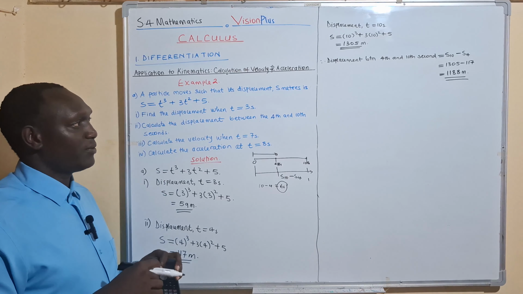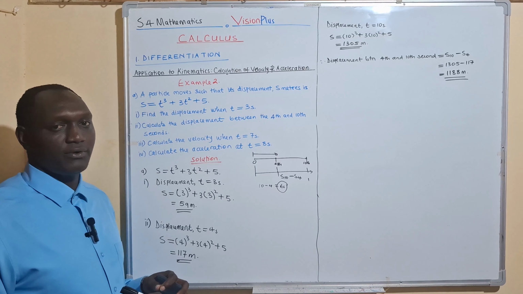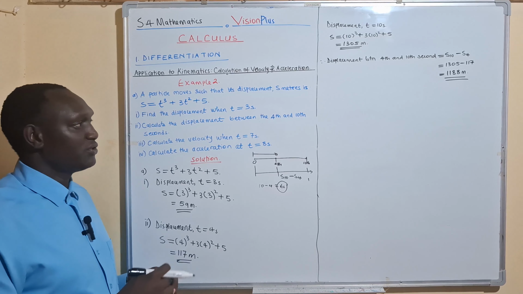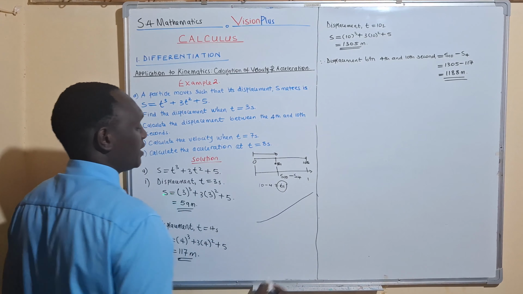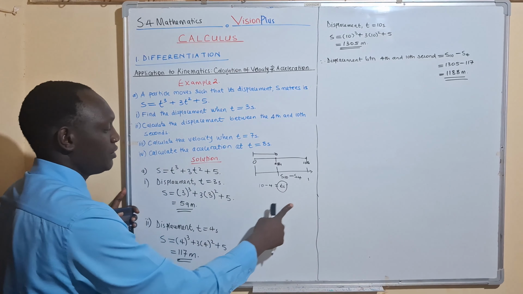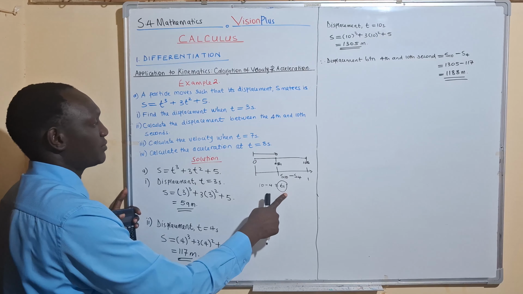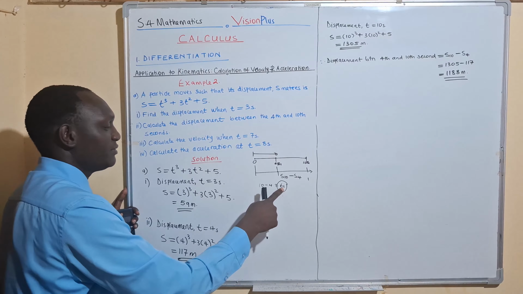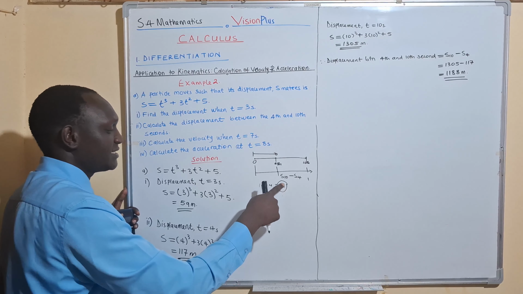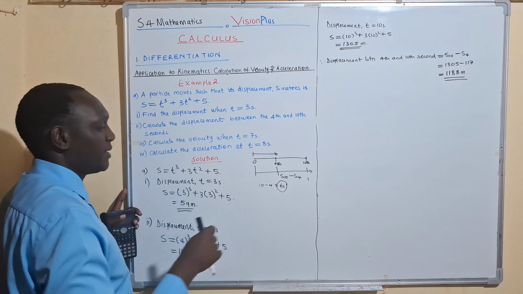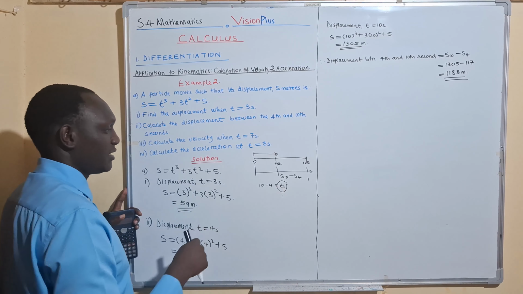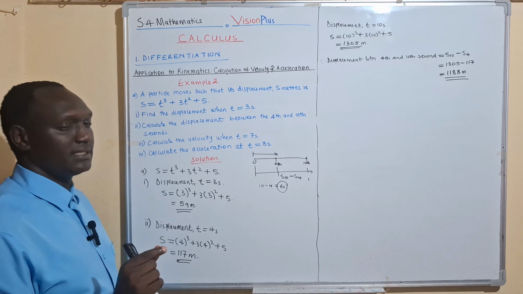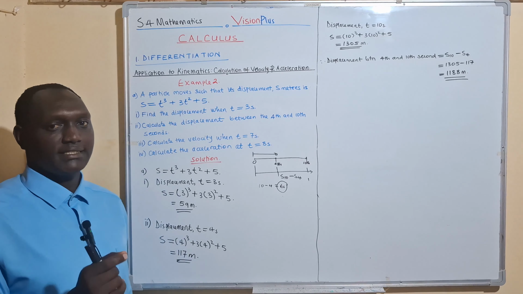When a car starts off, for example, and it is being accelerated, the speed is increasing. At first it will move slowly, and then it goes up. So when you substitute the difference in time, it will give you the displacement when the time is 6 seconds from the origin, but it cannot give you the distance traveled between the 4th and 10th seconds.